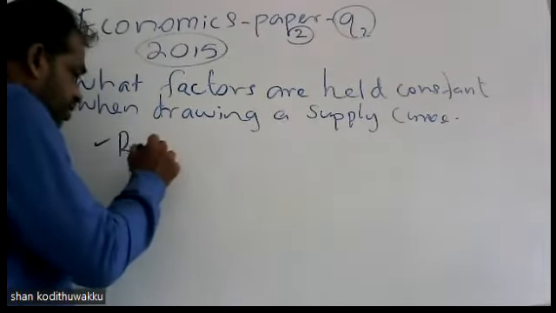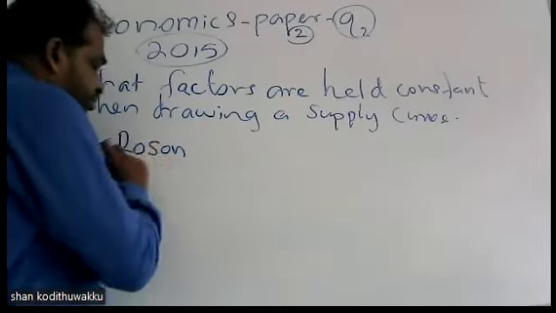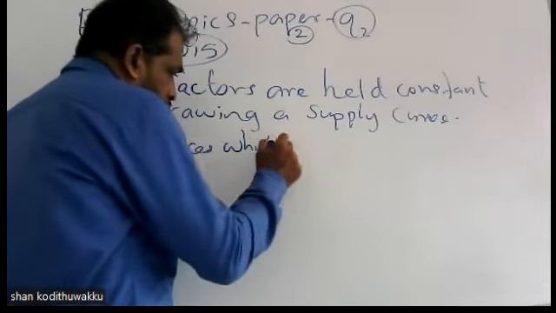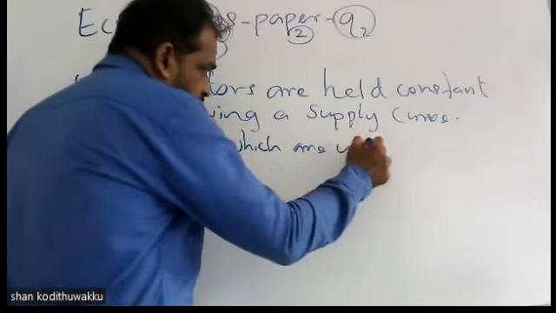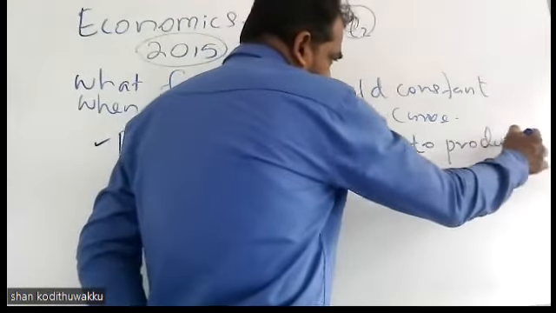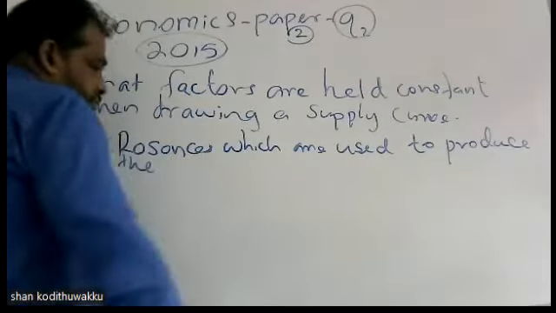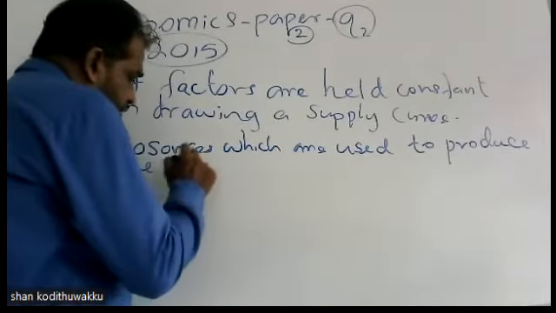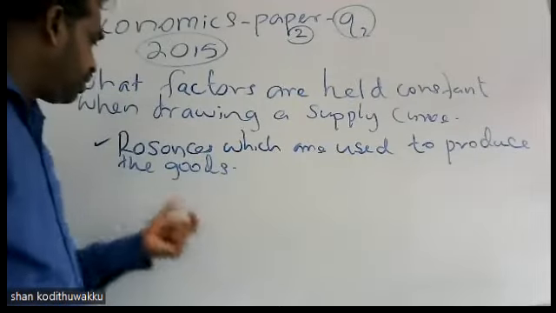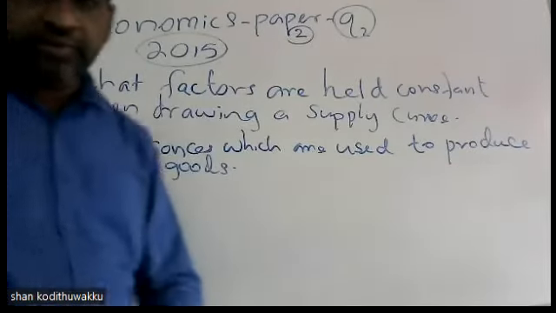Number one, the resources which are used to produce the goods.